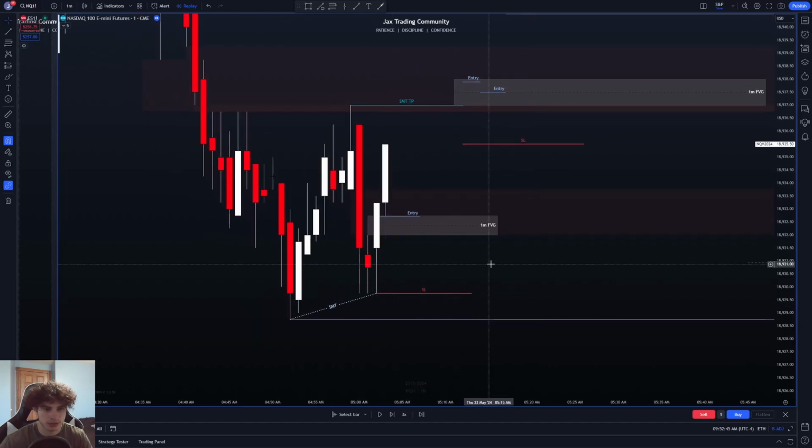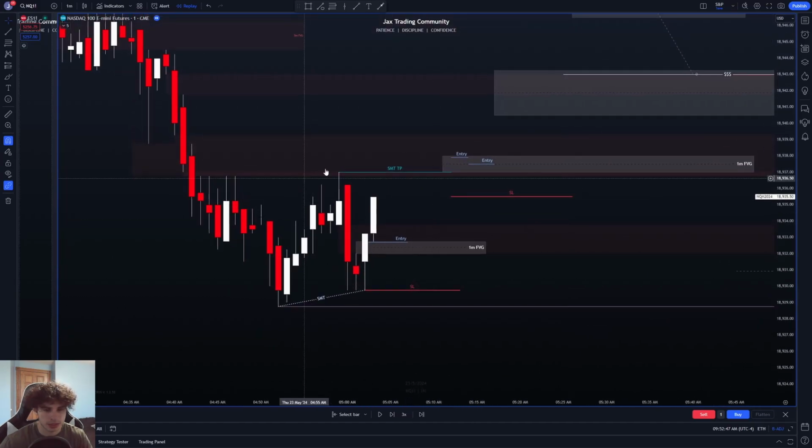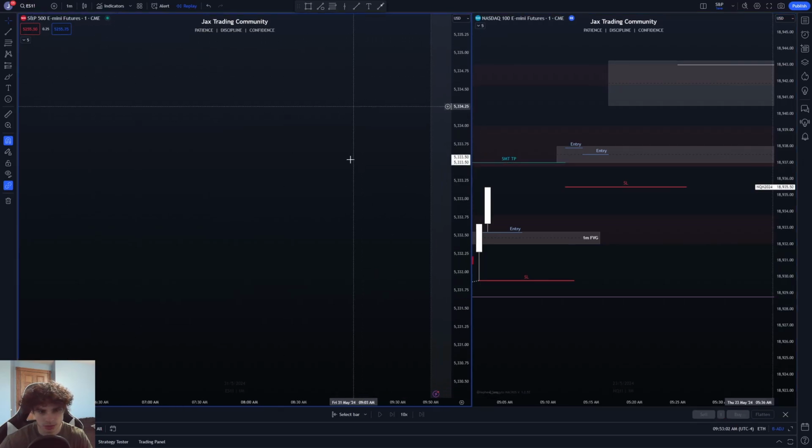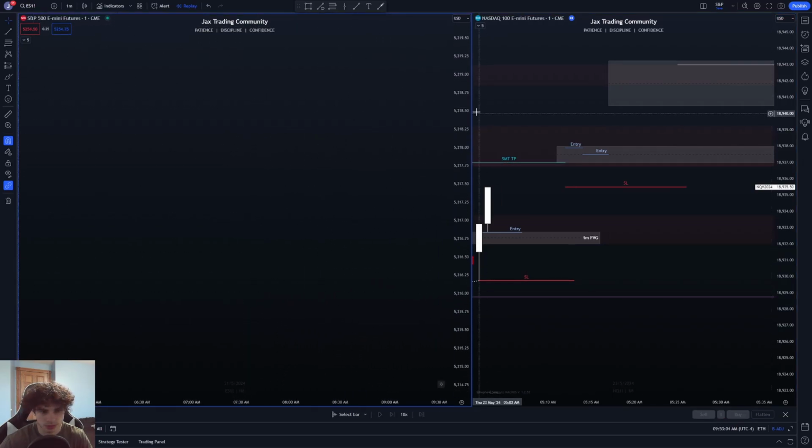We create an SMT down here. When we create an SMT, this high should become an SMT TP. So this low should not get taken because of the low of this SMT, which an SMT is a divergence between NQ and ES, which is this chart right here.